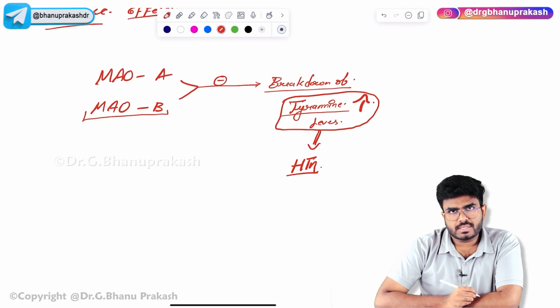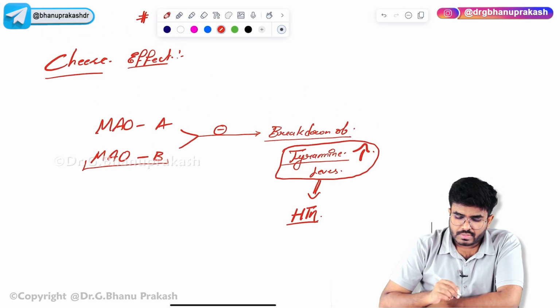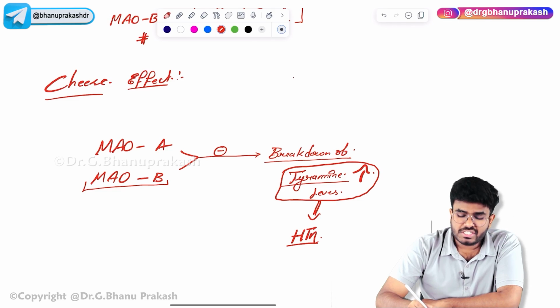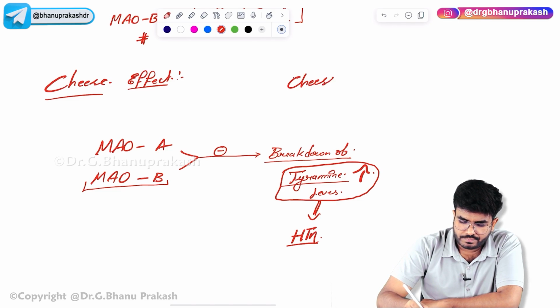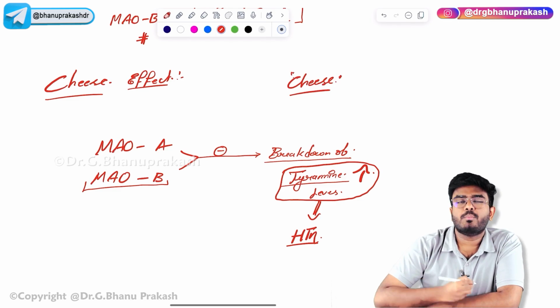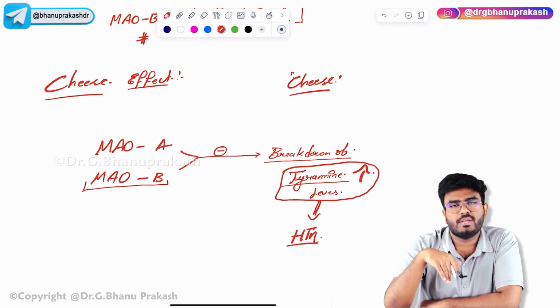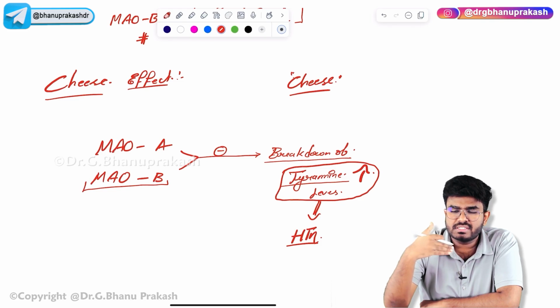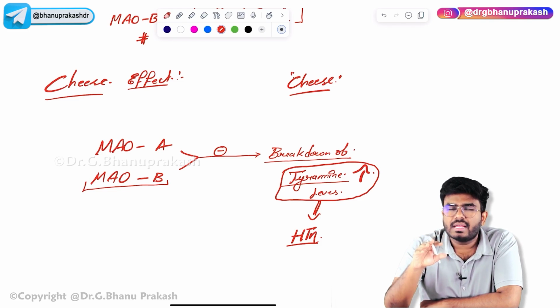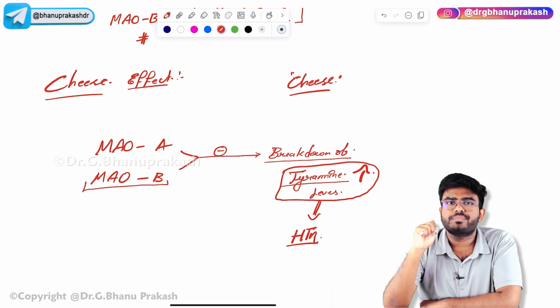Okay. So imagine now my patient is eating cheese. See, this cheese has a compound called tyramine. Now for example, if I take cheese, nothing will happen to me, because the cheese gets broken down and produces tyramine, and the tyramine is broken down by MAO-A and MAO-B.